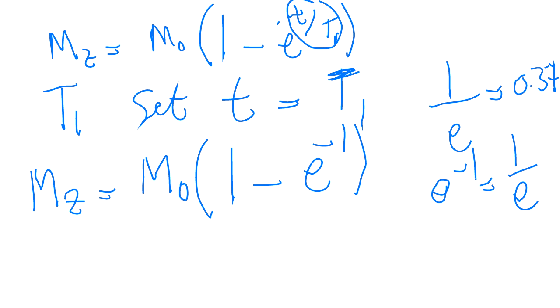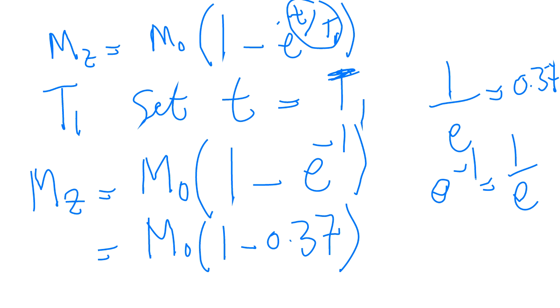So this is equal to M0 times (1 minus 0.37), which is simply 0.63. So Mz is equal to M0 multiplied by 0.63. He said find and define, so I need to define.